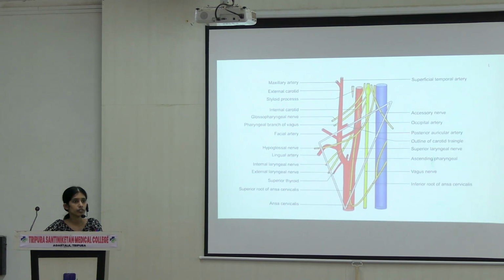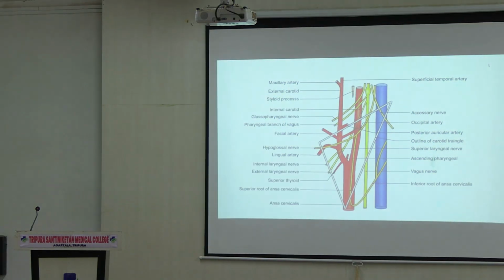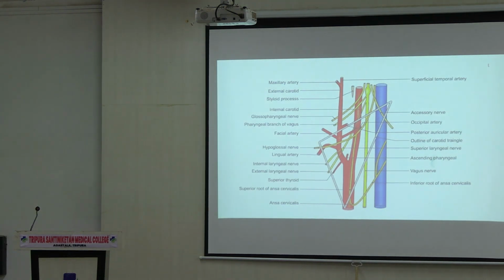So can you identify the important structures related to the carotid triangle in this picture? Okay. In the carotid triangle region, we have an important structure called carotid sheath. Remember the femoral sheath?